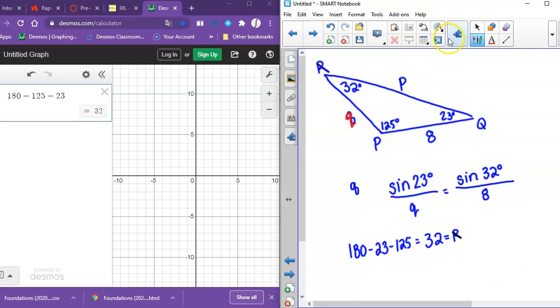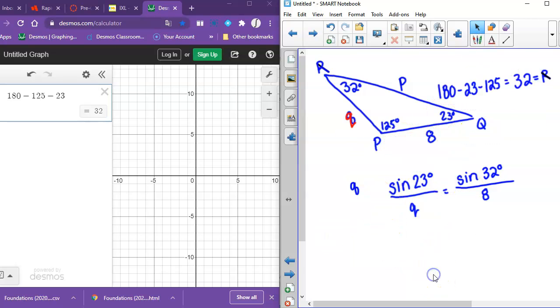And so now, let me get this out of the way here. We're going to cross multiply. And when we cross multiply, we've got Q sine 32 equals 8 sine 23. And we're going to divide both sides by sine 32.